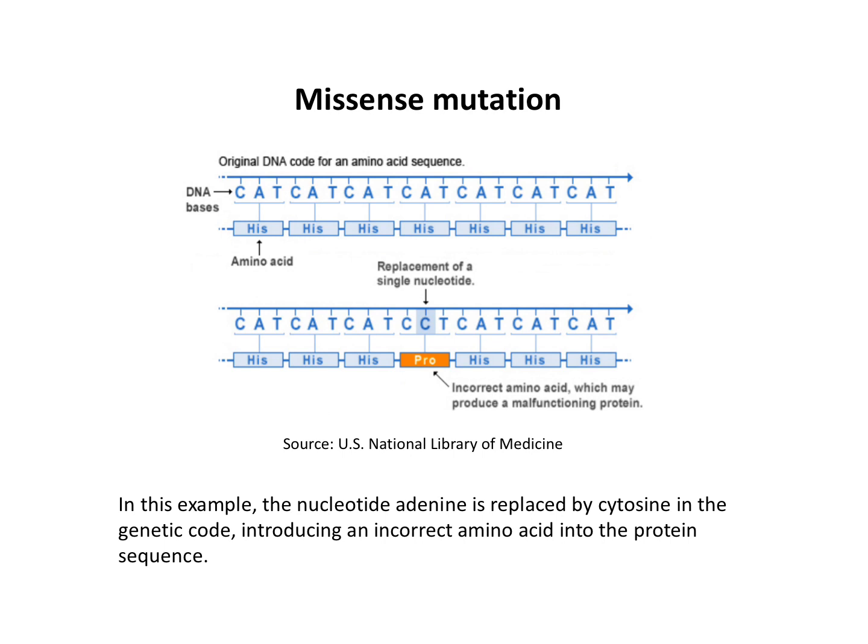You see the highlighted area in the second sequence, where adenine is replaced by cytosine in the genetic code, introducing an incorrect amino acid into the protein sequence. So instead of this histidine chain, now a new amino acid, that is proline, is being formed. So this is an example of missense mutation.